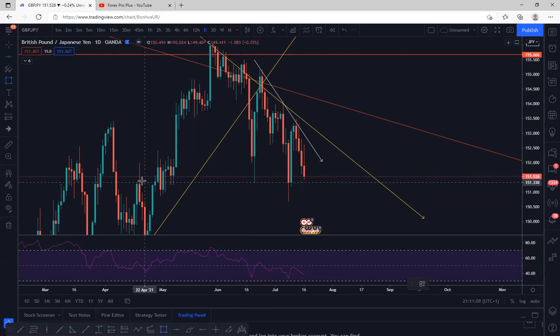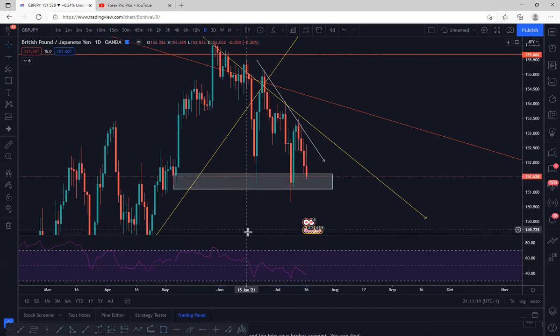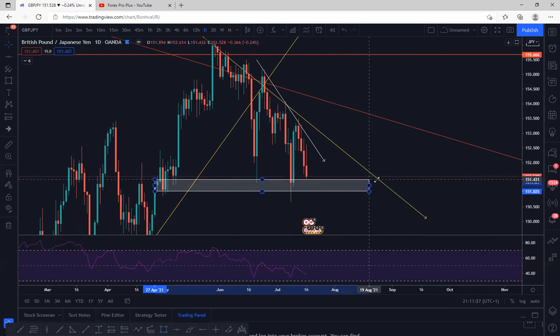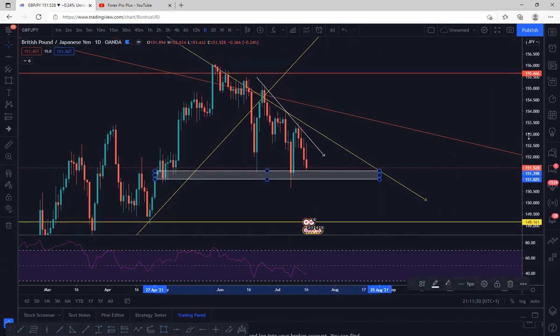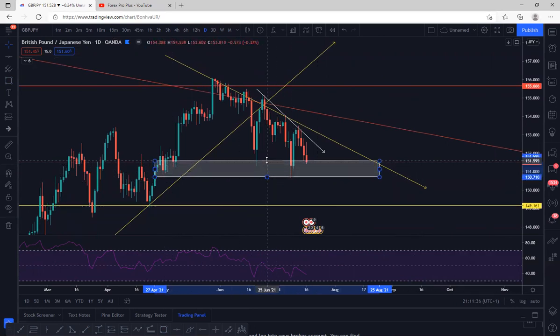In fact, let's draw the box here. Daily is white color. So it's this box on this level. That's where the prices are standing at the moment.